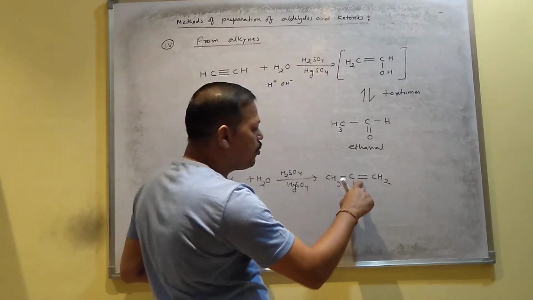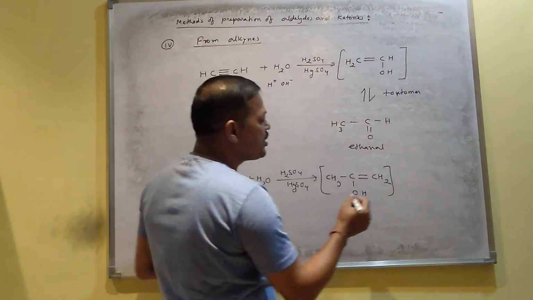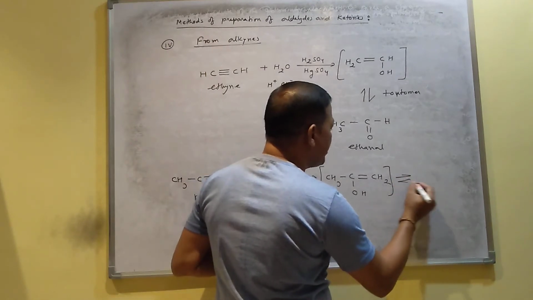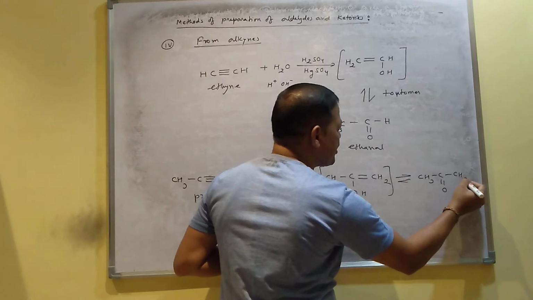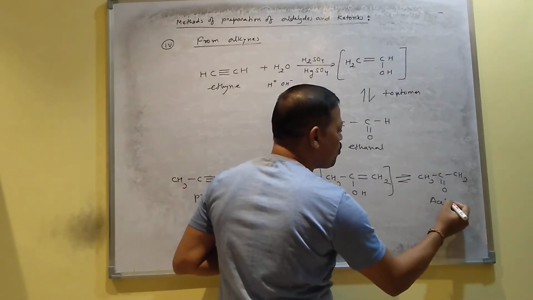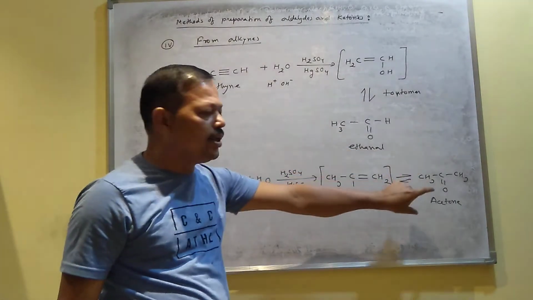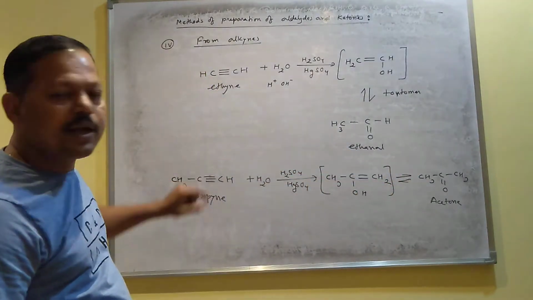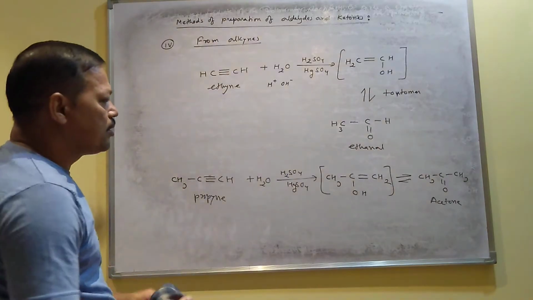Again you have a double bond and OH together, so this is also unstable. Tautomerization takes place, and it converts to CH3 C double bond O CH3, which is acetone or propanone. So you may get aldehyde or you may get ketone based on your alkyne. So this is number 4 method.